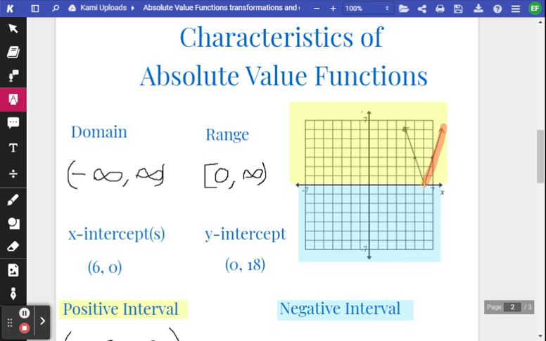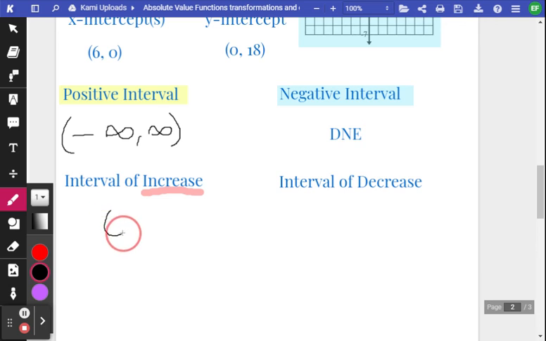So our graph changes from a decreasing function to an increasing function at 6. So 6 is going to be our magic number as we are writing our interval of increase and decrease. So we are increasing from 6 all the way out to infinity.